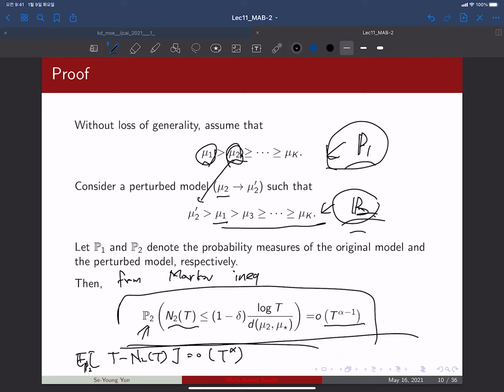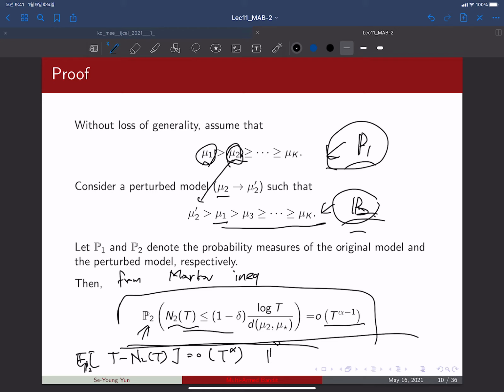So the number of plays of the suboptimal arms should be upper bounded by small o of capital T to the alpha.